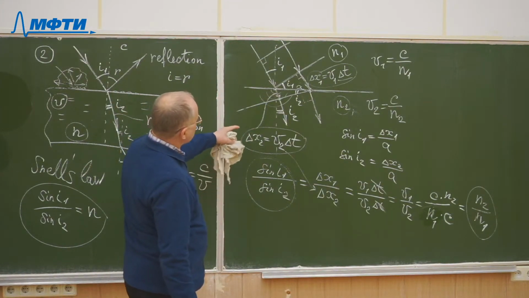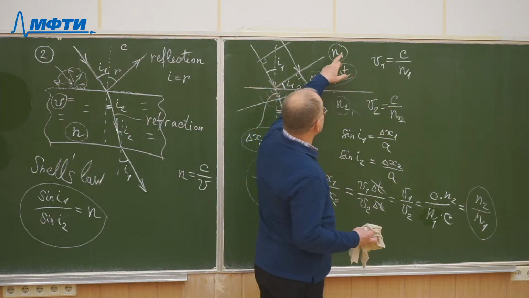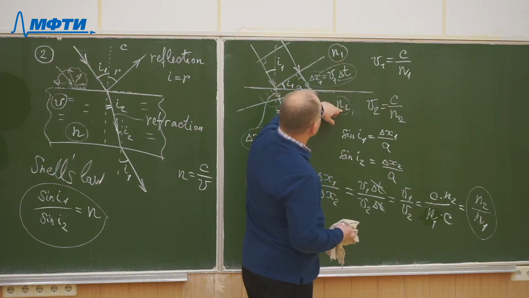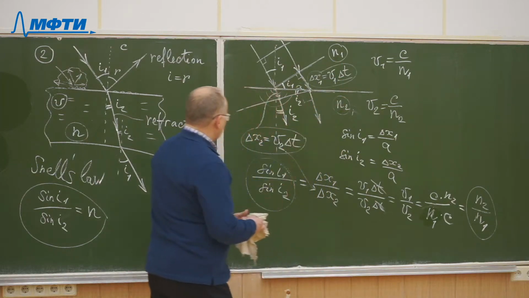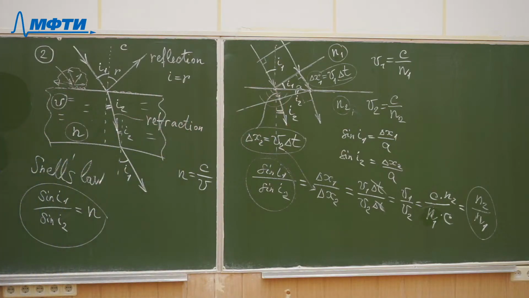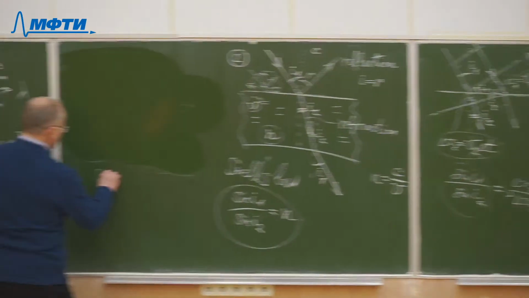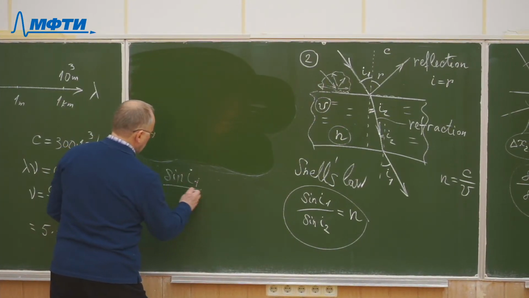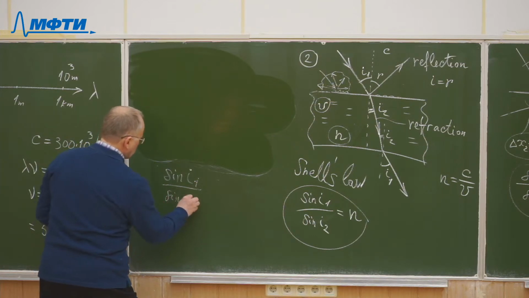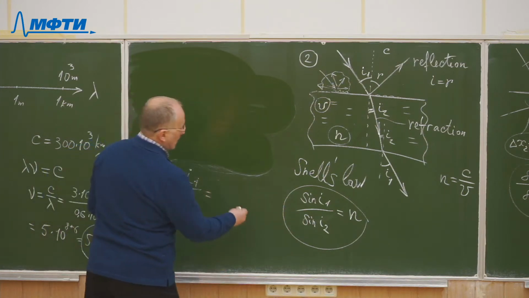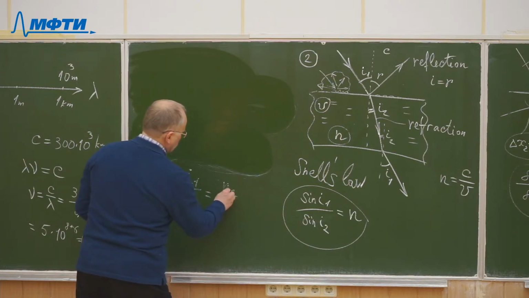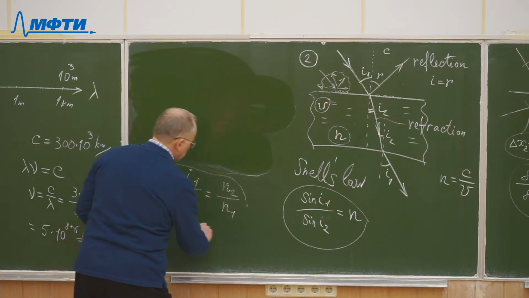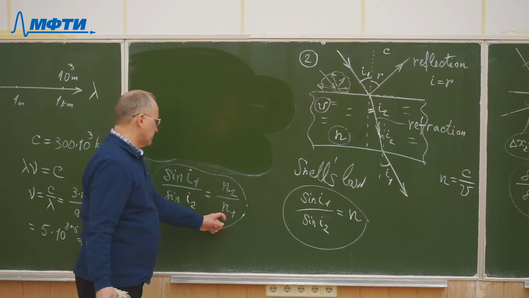And now we have calculated everything which happens here, taking into account two different refraction indexes of these two parts of space. And we obtain Snell's law in the most general form: sine I1 by sine I2 equals n2, the refraction index of the second medium, divided by n1, the refraction index of the first medium.